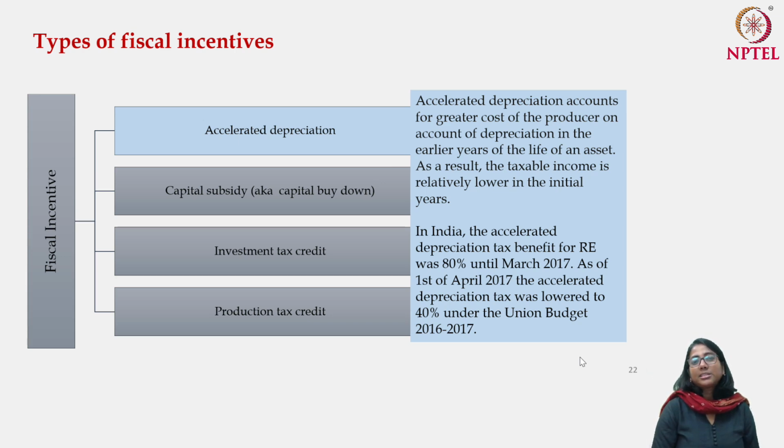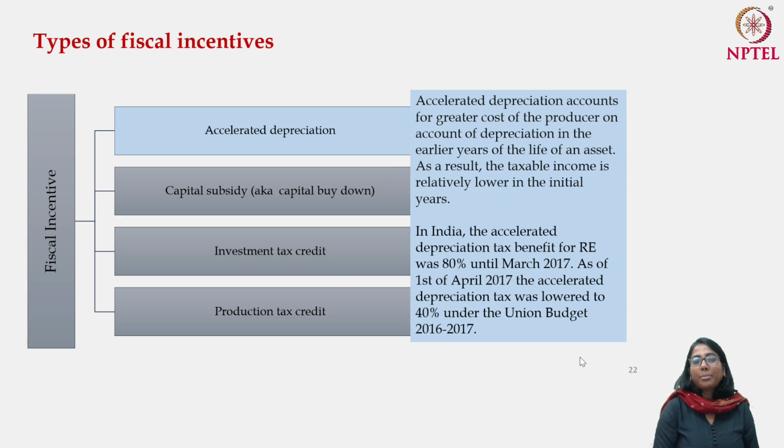So for this everyday wear and tear, the company is setting aside some amount of money, which is called the depreciation and which is calculated as a part of the financial cost of the company. Now, when the tax is calculated, it is calculated on the earning of the firm.